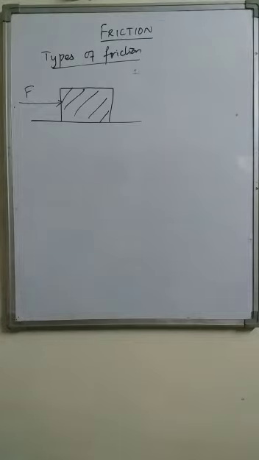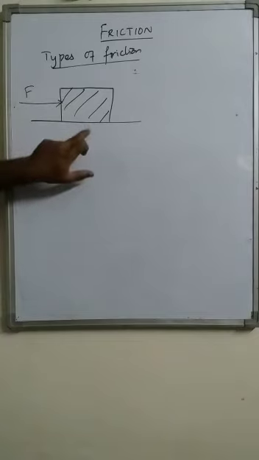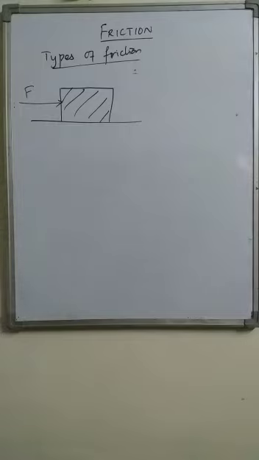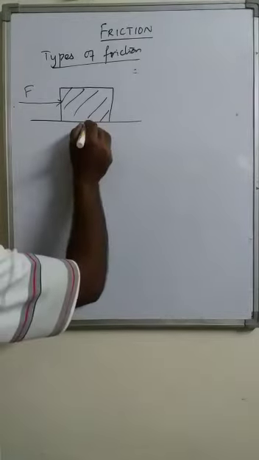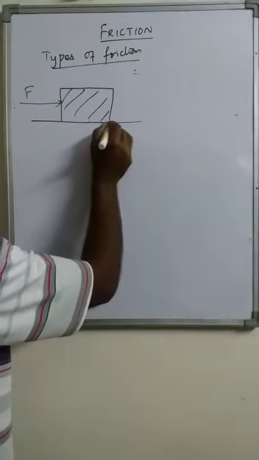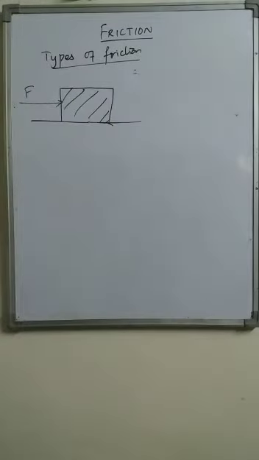So then, what can we say? We can say that this force is opposed by something. Which is opposing it? Definitely the friction between the surface and the block, which acts in the opposite direction.